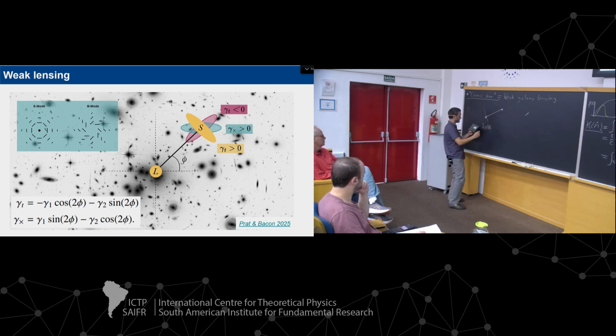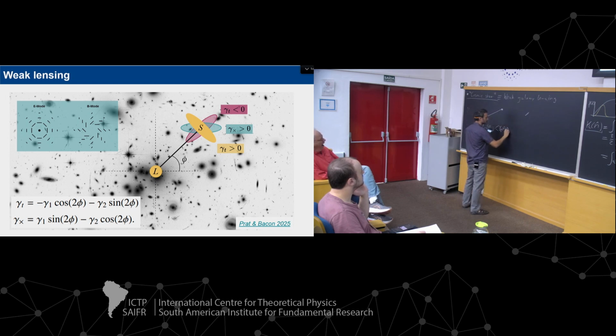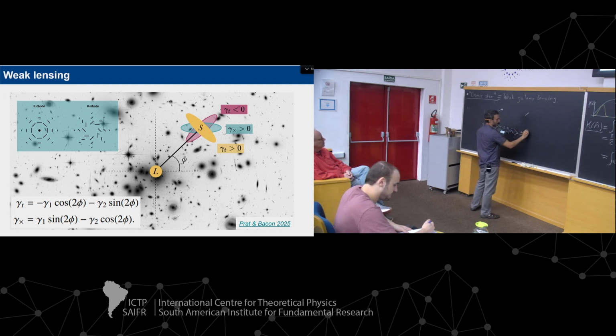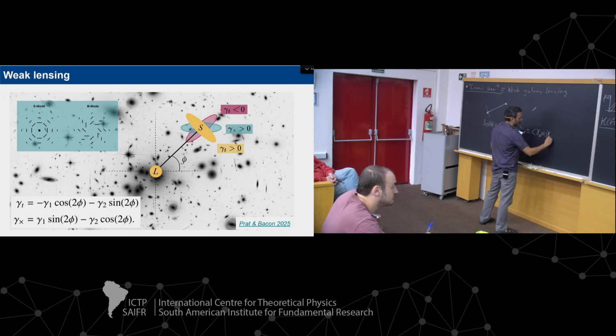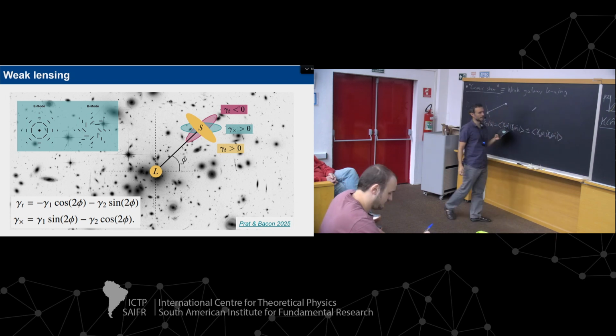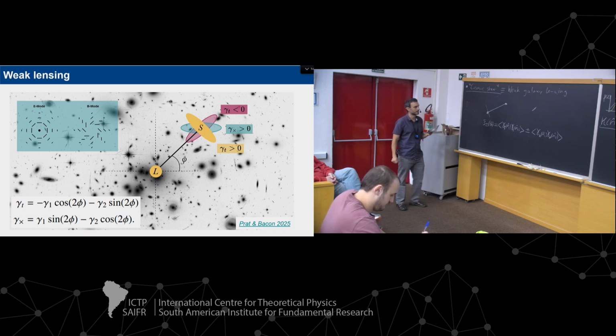In particular, it's gamma t at n1 with gamma t at n2, where n1 and n2 are separated by an angle theta, plus or minus gamma x at n1 and gamma x at n2. So these are the two different correlators that people usually look at.